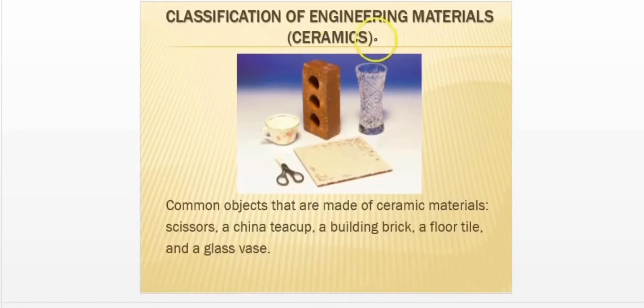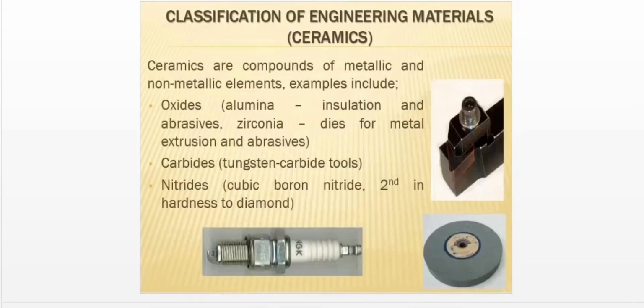Right, the last one is on the ceramics. These are common objects made of ceramic material: scissors, a china teacup, a building brick, floor tiles, and a glass vase. There are so many other examples of polymer and ceramics.